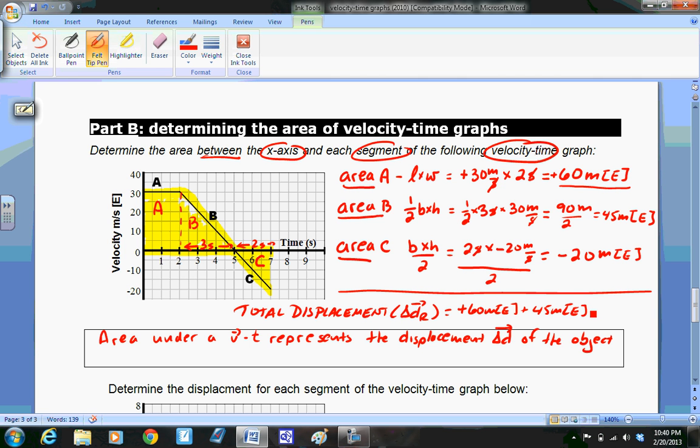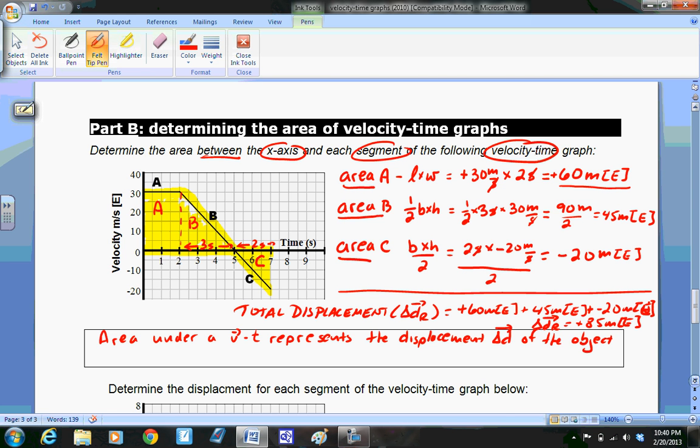And in the last section, we traveled 20 meters, but towards the west. Oops, east. So when I add all of these up, my final resultant displacement is 85 meters towards the east. So overall, for this particular motion, we traveled 85 meters in an eastward direction.